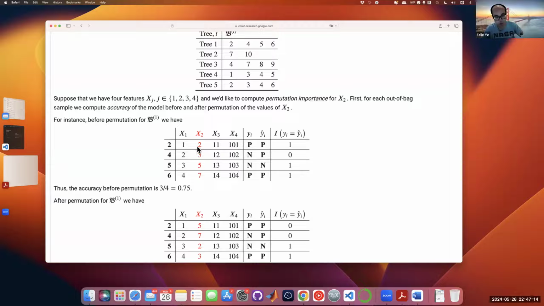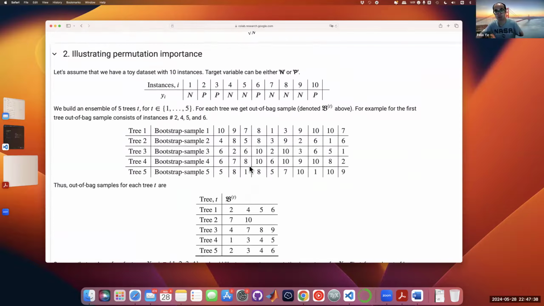So it actually becomes 5, 7, 2, 3. That means they are no longer having the one-to-one matchings to the second, fourth, fifth, and sixth instances to the feature of x2. So I'm actually permuting the values of x2.